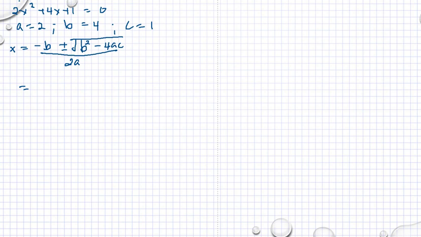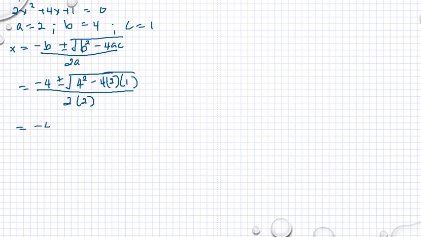Then we have negative 4 plus or minus the square root of 4 squared minus 4 times 2 times 1, divided by 2 times 2. Then we have negative 4 plus or minus the square root of 16 minus 8.